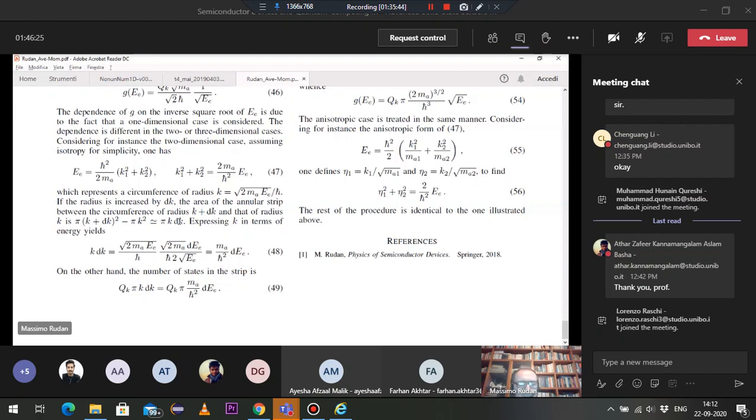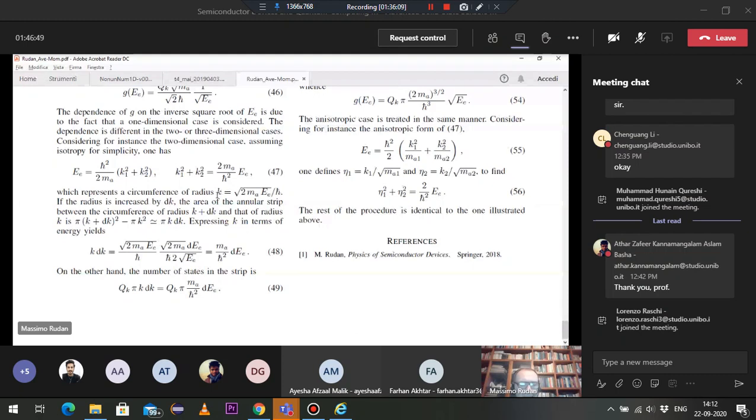quantity. At this point, you proceed as before. You remember that k is the square root of the kinetic energy plus some constant. dk is extracted from this expression here. Sorry, this one. You see k equal to the square root.